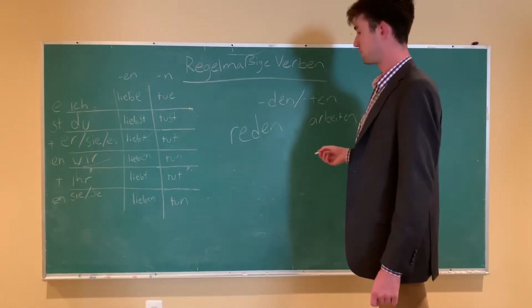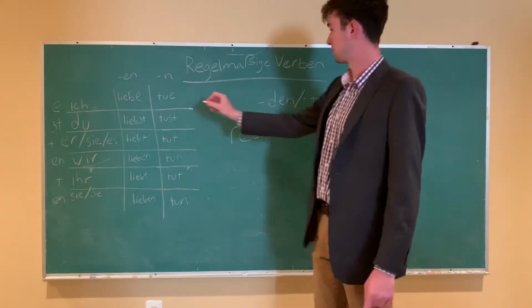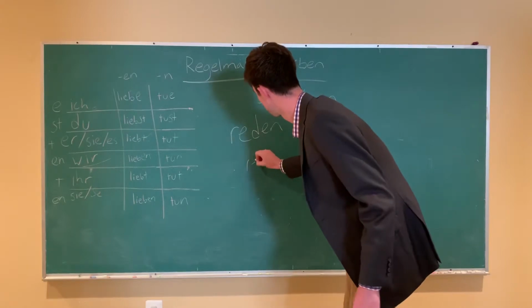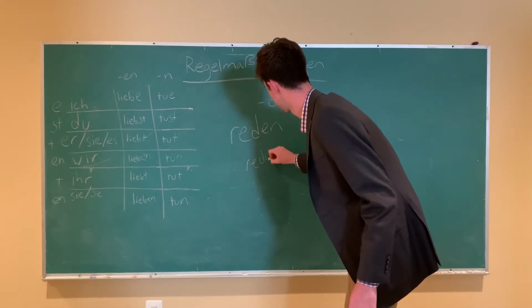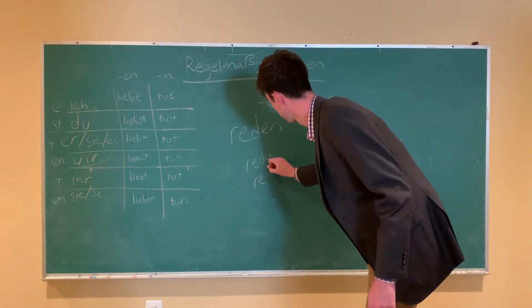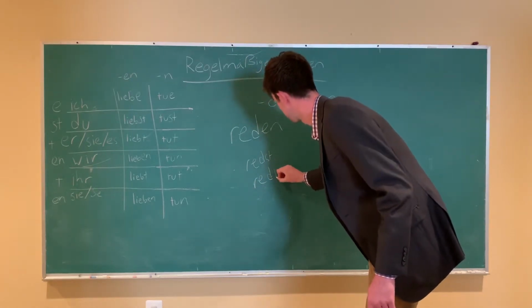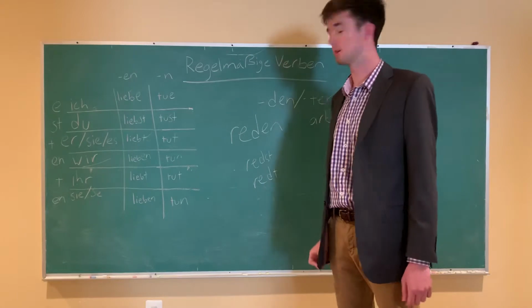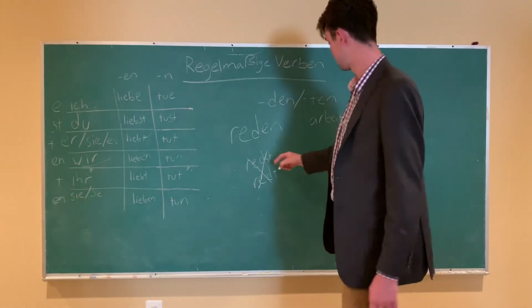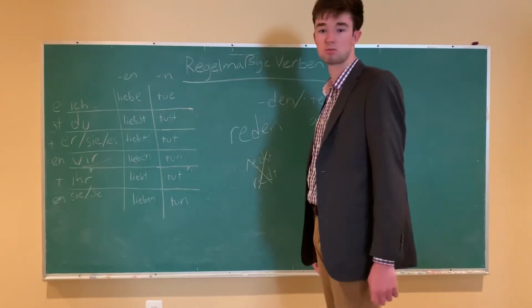So really the only thing that's different about these verbs is when it comes to the du and er, sie, es conjugation. So think about it. If you're getting to the du and er, sie, es part, it doesn't really sound right if you say du reden-st or er reden-t. It doesn't really flow off the tongue easily. So what the Germans did was they added a little e in between just to make it easier to pronounce.